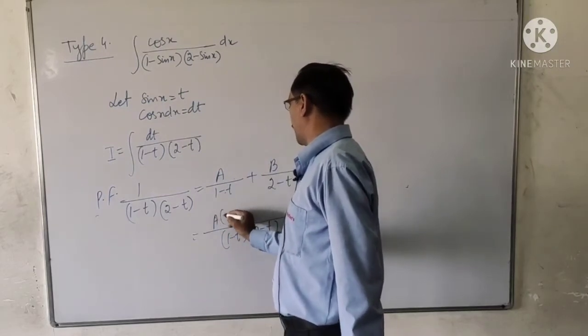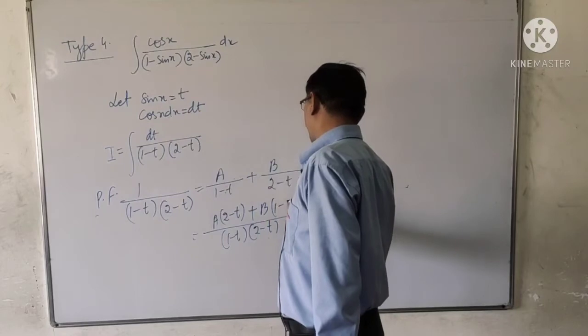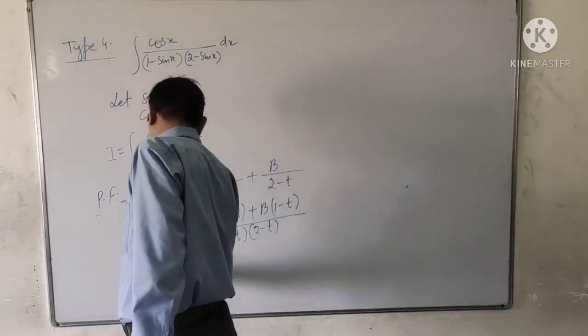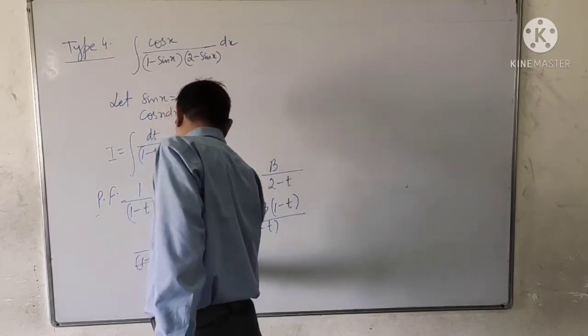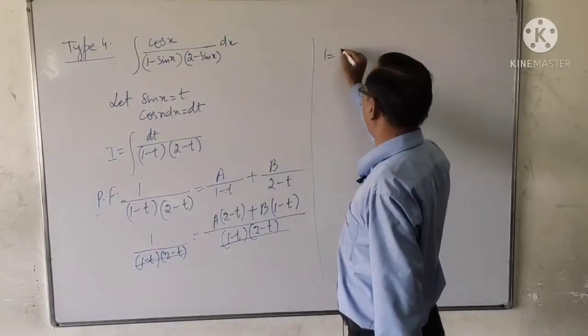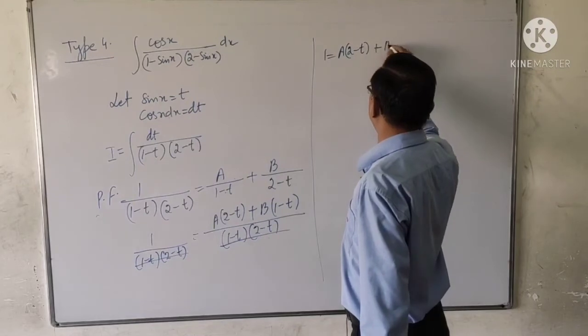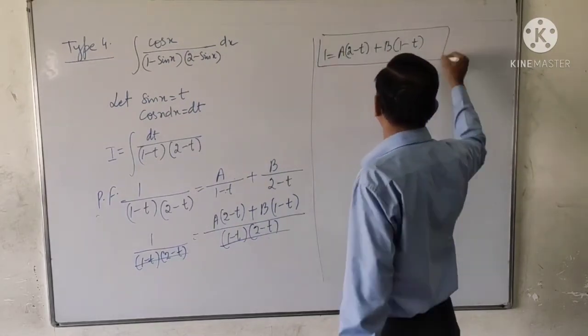So here it is A into (2 minus t) plus B into (1 minus t). This side, 1 upon (1 minus t) and (2 minus t), it is cancelled out. So it is 1 equal to A into (2 minus t) plus B into (1 minus t). It is the main equation.